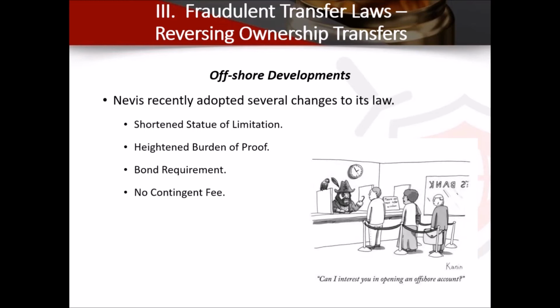It's just a year. Basically, it's not going to happen. If you're in litigation in the States and you fund a Nevis LLC and the Nevis fraudulent transfer law applies, it'll be a year of litigation before anyone even talks about Nevis or thinks about that transfer. You have to prove it beyond a reasonable doubt.